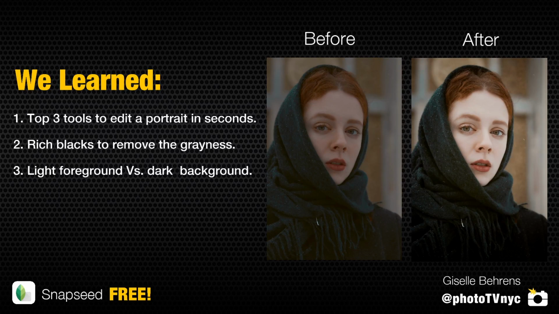The download links are below in the description as well, and you can do it on the go on your phone. Number 2, the rich blacks are going to help you eliminate the grayness. So usually, many times we have this gray layer on top of our portraits that we really want to eliminate to make our portrait come alive.